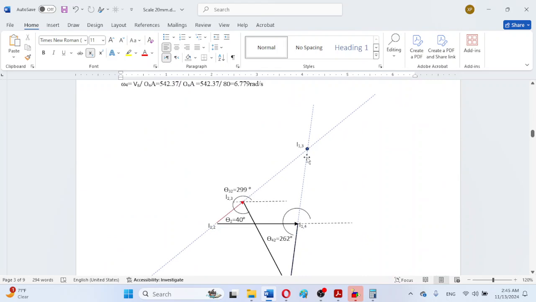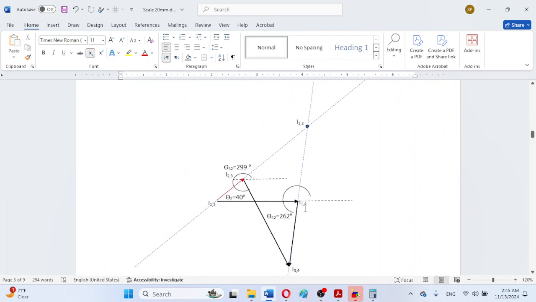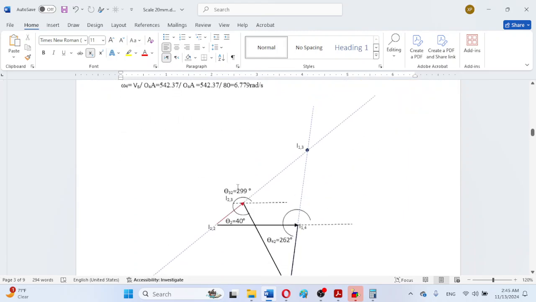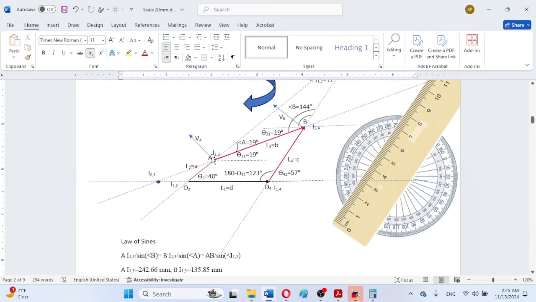So with the help of a protractor, first of all measure the angles in the triangle A, I 1,3, B dash. Just copy the labels from here.